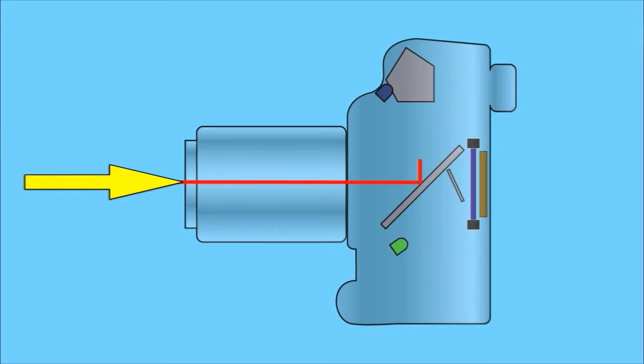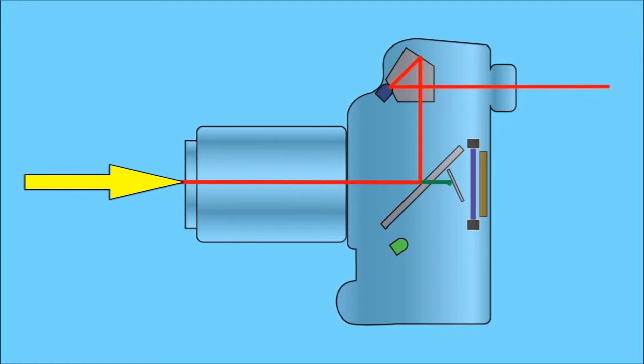The light is then reflected at a 90-degree angle up into the pentaprism and finally out the eyepiece. The mirror and pentaprism allow us to see exactly what's coming through the lens. Your camera's light meter is inside the pentaprism. This built-in light meter is what your camera uses to show you meter readings in the viewfinder.